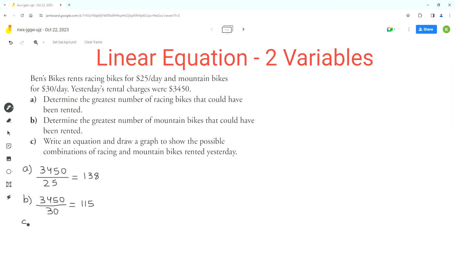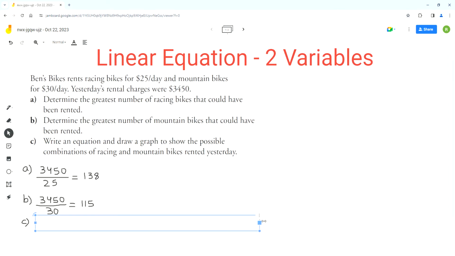Now in part C, we have to write an equation for the possible combinations of racing and mountain bikes rented yesterday. Now we are not given an exact value for the number of racing and mountain bikes rented yesterday, so we'll have to use variables for these two values. So we'll start by defining these variables using let statements.